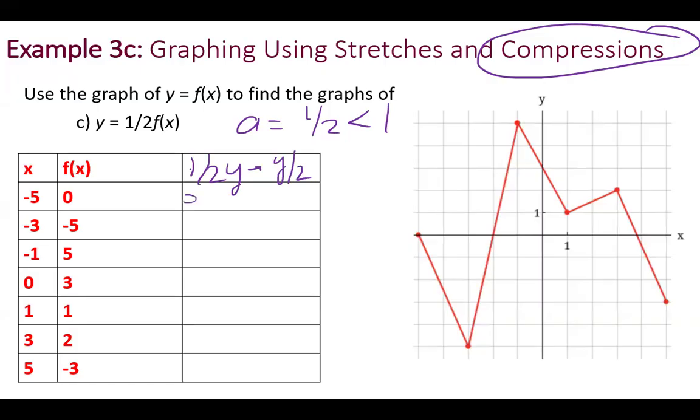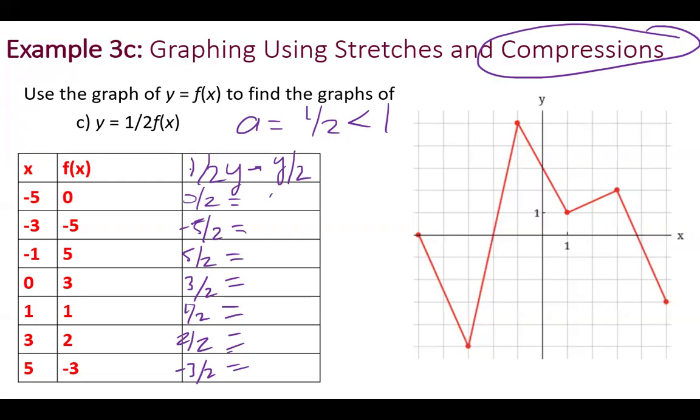So we have 0 divided by 2, we have -5 divided by 2, and on and on, right? So you have 5 divided by 2, 3 divided by 2, 1 divided by 2, 2 divided by 2, and -3 divided by 2. If decimals are your friend, then convert them to decimals. If these don't bother you, then leave them as fractions.